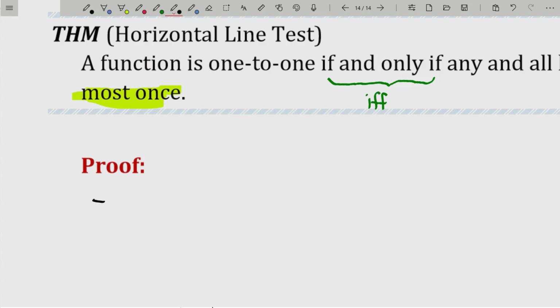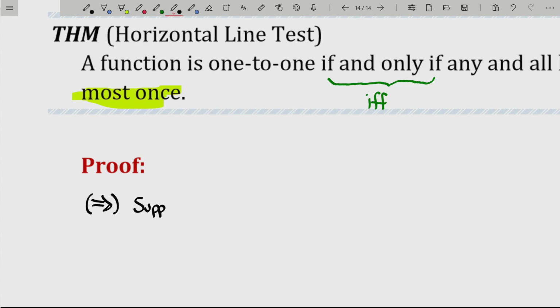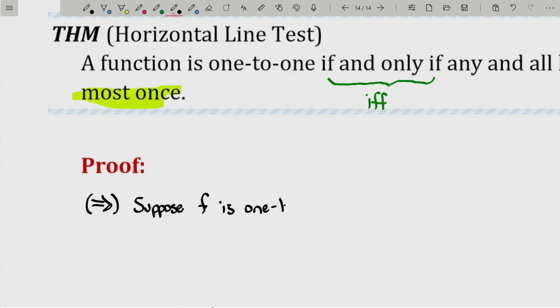We'll start with the forward direction, which means we're going to suppose that f is 1 to 1. And we'll want to prove that therefore any horizontal line must strike the graph of f at most once.